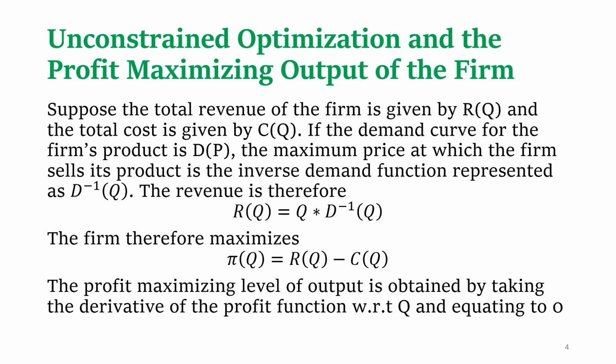And the only way we're going to obtain that maximum price is to transform the direct demand function to an inverse demand function. That inverse demand function becomes the maximum price at which the firm is going to sell its product. If he sells his product at that maximum price, then he is going to maximize profit.